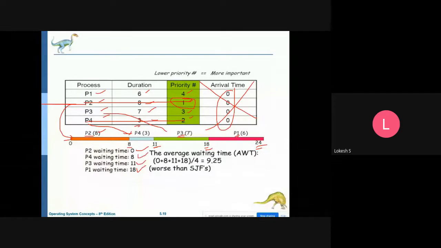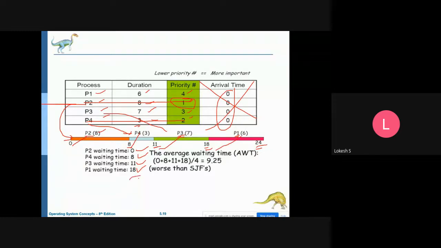All came into the ready queue, but because of priority, P2 executed first, P4 second, P3 third, and P1 fourth. So the waiting time for P2 is 0, P4 is 8, P3 is 11, and P1 is 18.